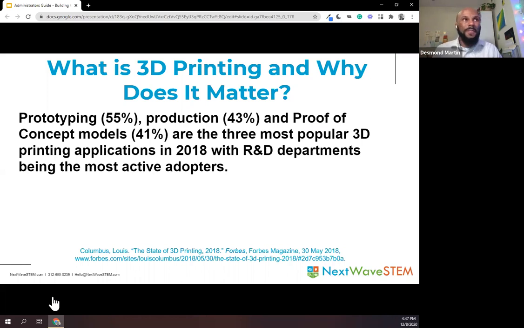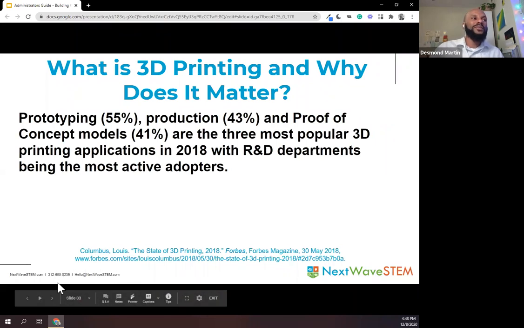That 3D printing is such an important, such a critical part of the way in which we make things both here and abroad. Something that we want to encourage our students to learn and to be certified in, whether that's through MakerBot or through NextWaveSTEM, that's important for them to grow into. We want to create those correct pathways.